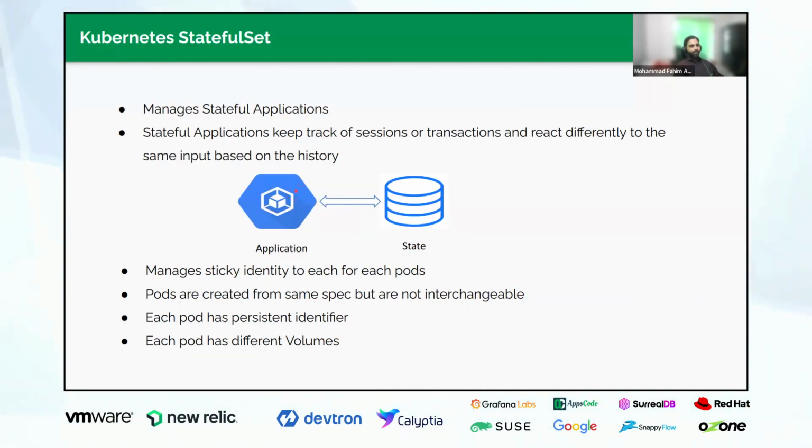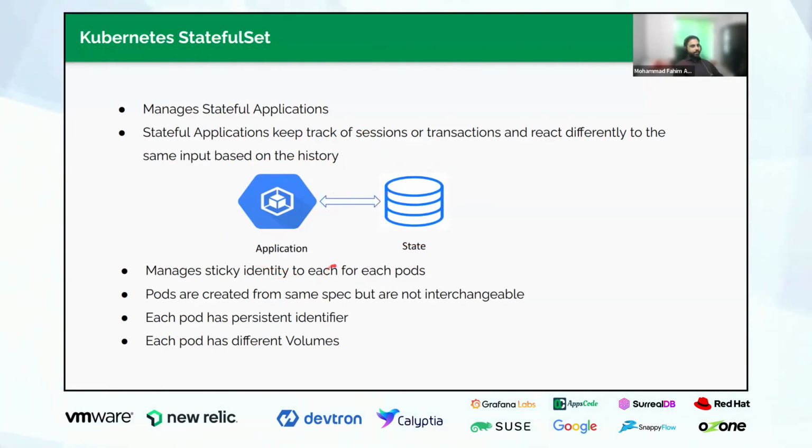It returns the information from its state, but when the user requests the same information after some time, in the middle it can be changed by another user or by other means. So the user is not guaranteed to get the same information because the state can change. So the StatefulSet is useful to manage applications that have a state.